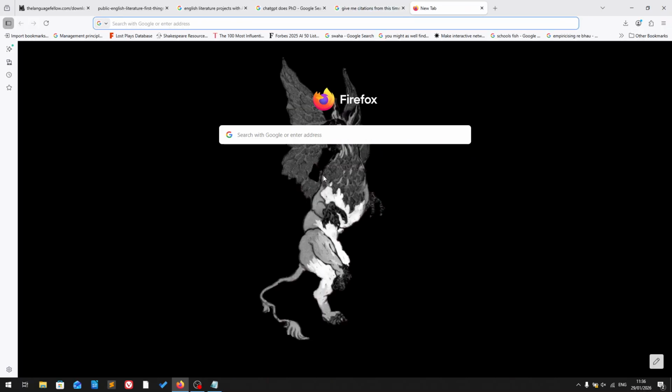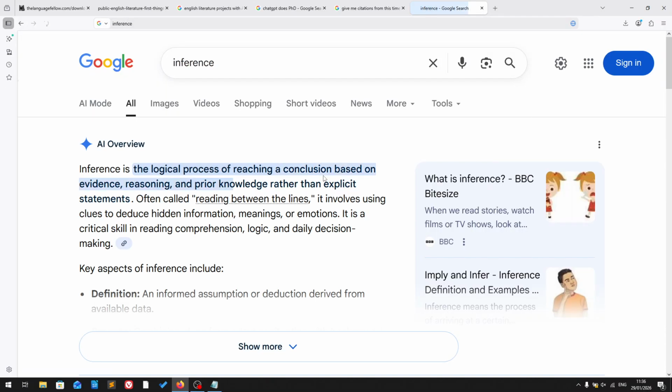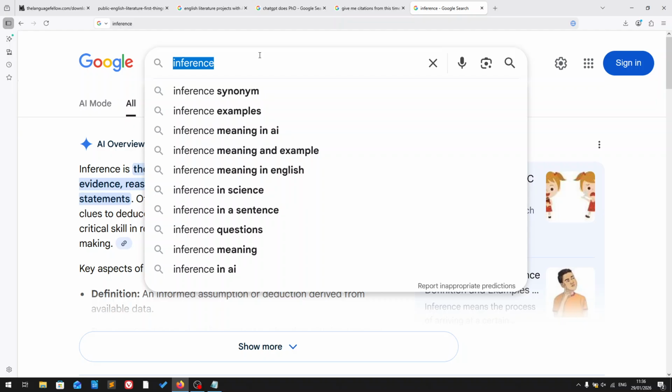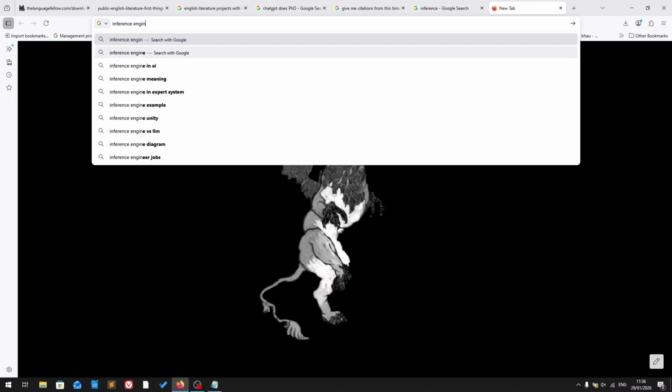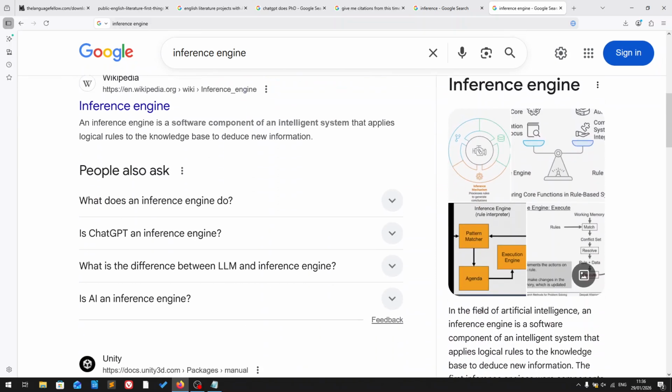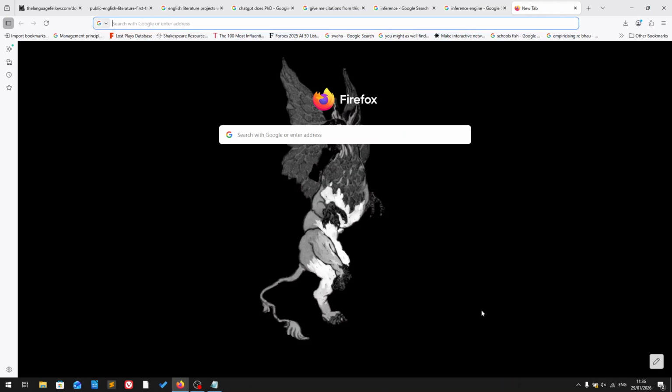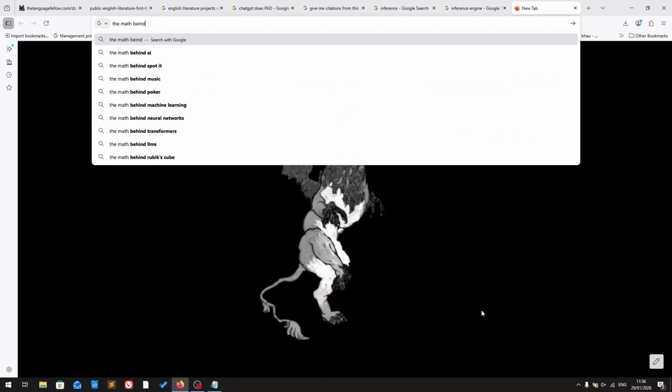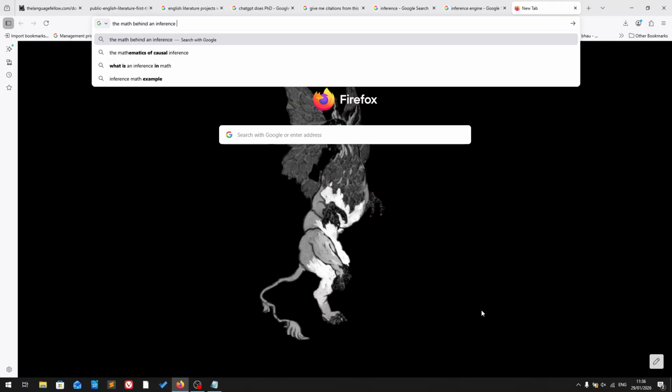So the thing is, I had the chance of coming across inference again. Now, inference and inference engine, they are worlds apart, and inference engine would involve the math behind an inference engine.